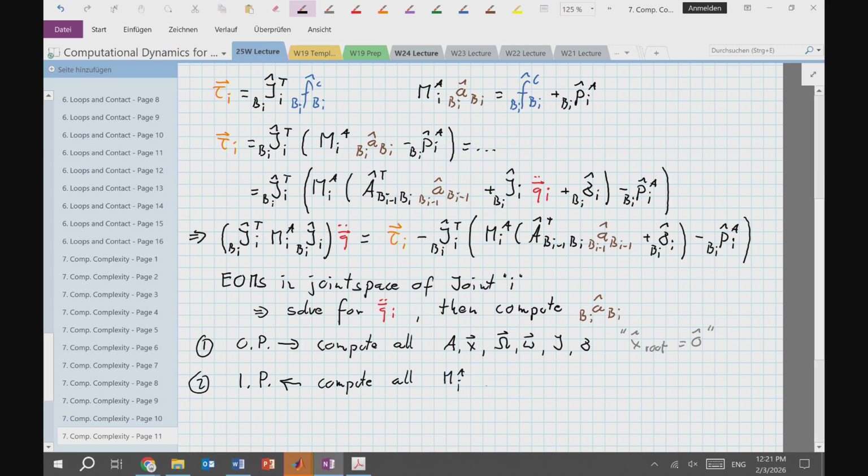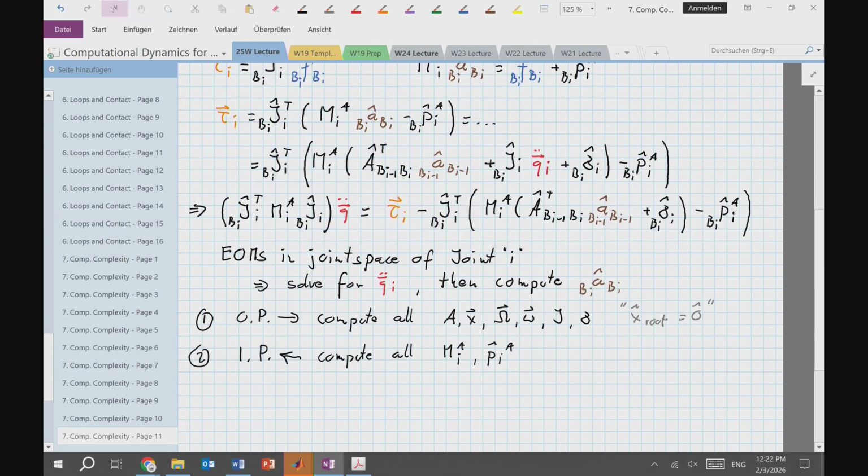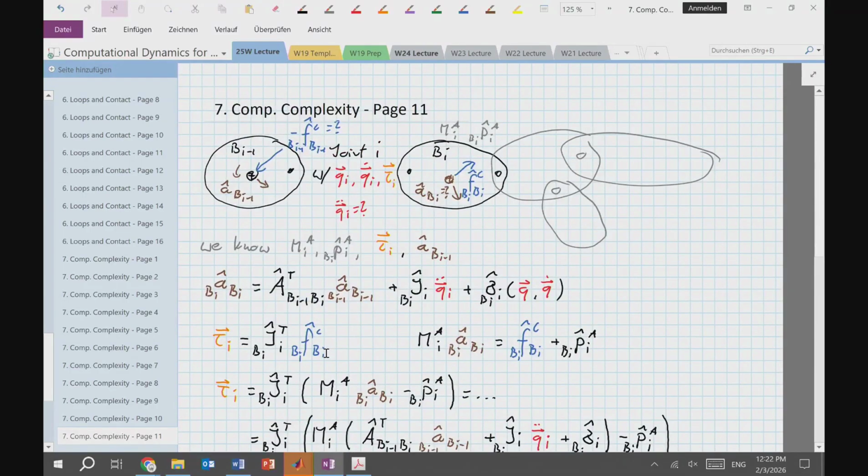These guys: articulated inertia and bias forces for each possible subtree that we can ever encounter. How does that work? Well, you start at a leaf. How do I compute the articulated inertia and bias force of a leaf?